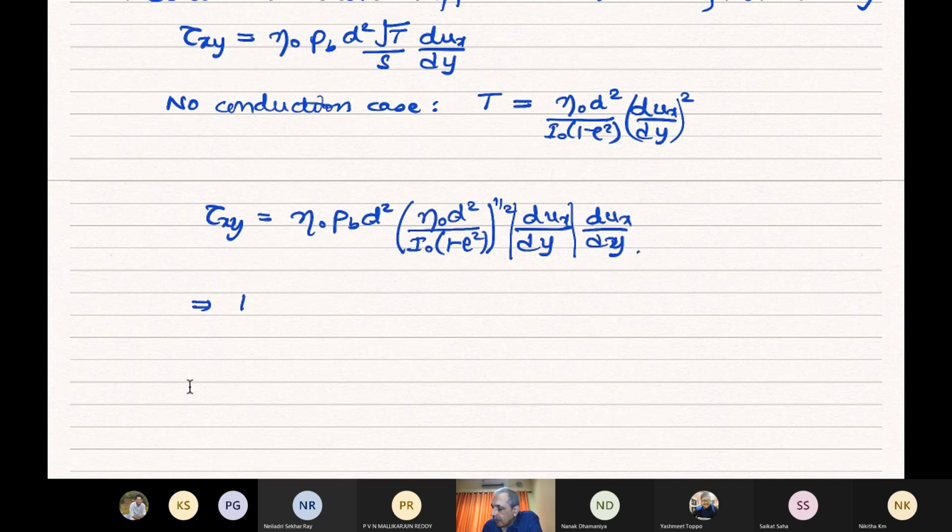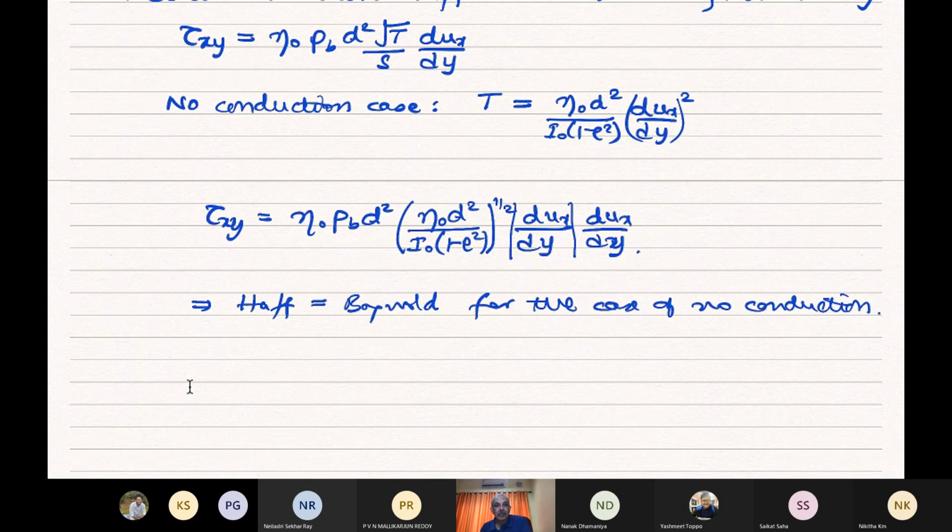So this implies that the half model is equal to the Bagnold theory for a case of no conduction. So these two are exactly identical to each other. Okay.